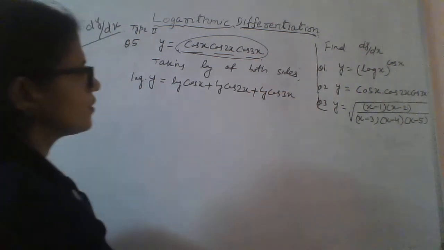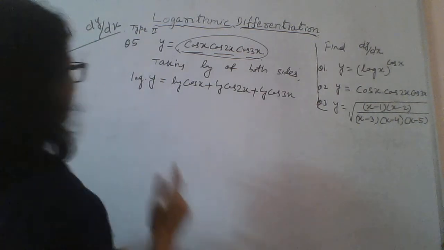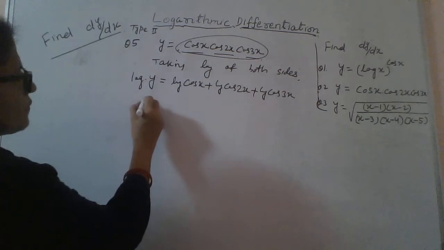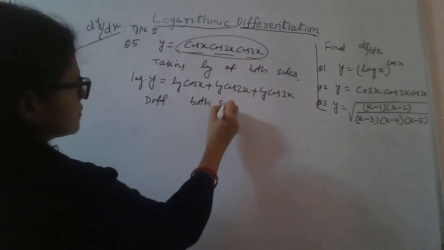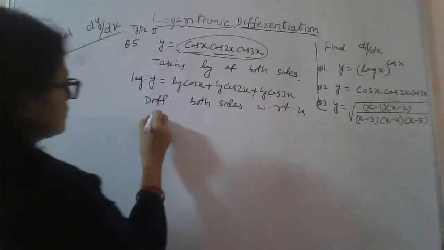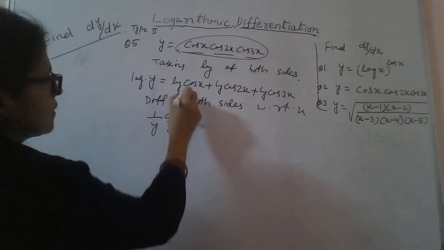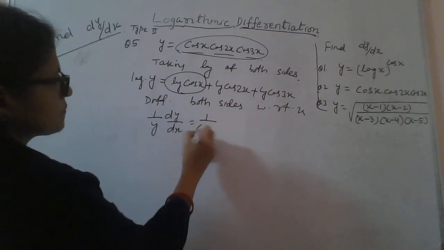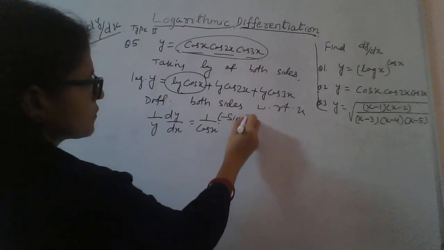We are using here log mnp equal to log m plus log n plus log p. So now differentiate both sides with respect to x. So 1 by y dy by dx. Now log cos x with respect to cos x into cos x with respect to x.